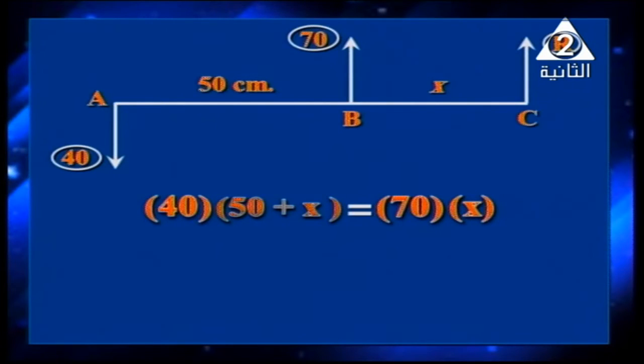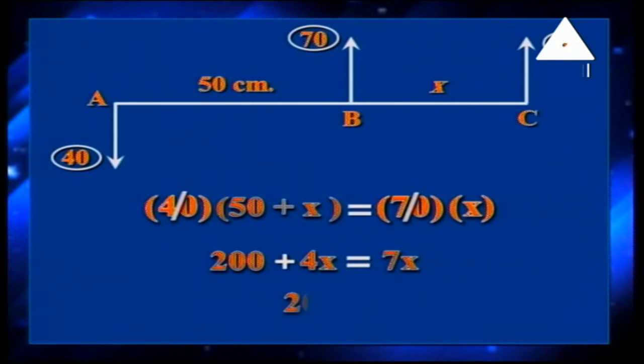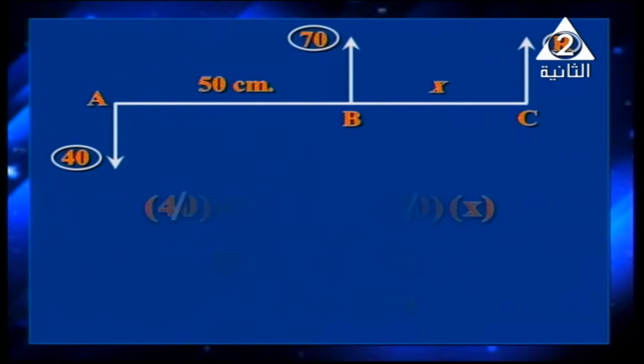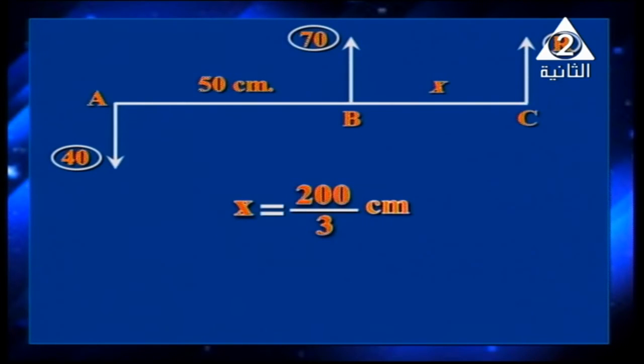Therefore, 4 times the bracket containing 50 plus x equals 7x. We use the distribution method: 3x equals 200. x equals 200 over 3. The value of x is 200 over 3 centimeter.